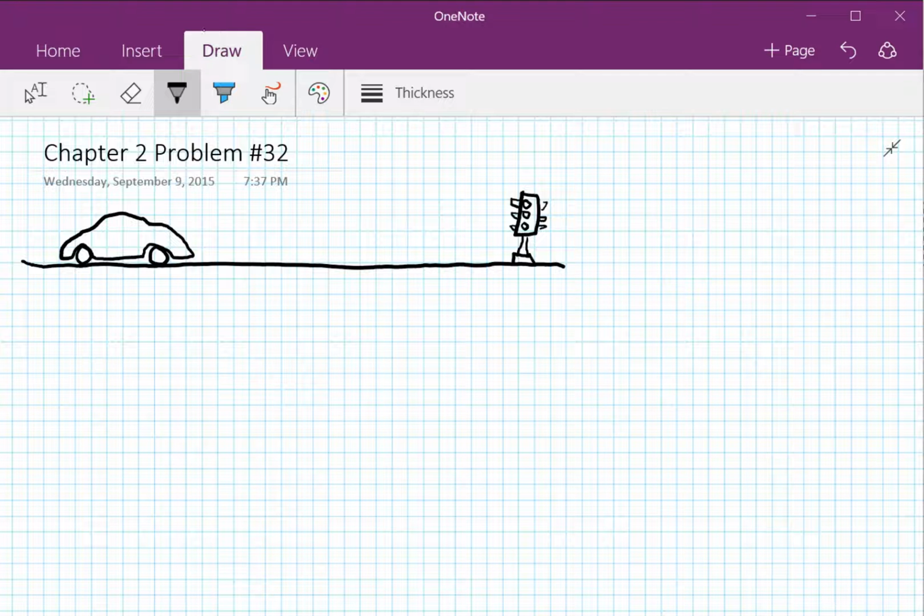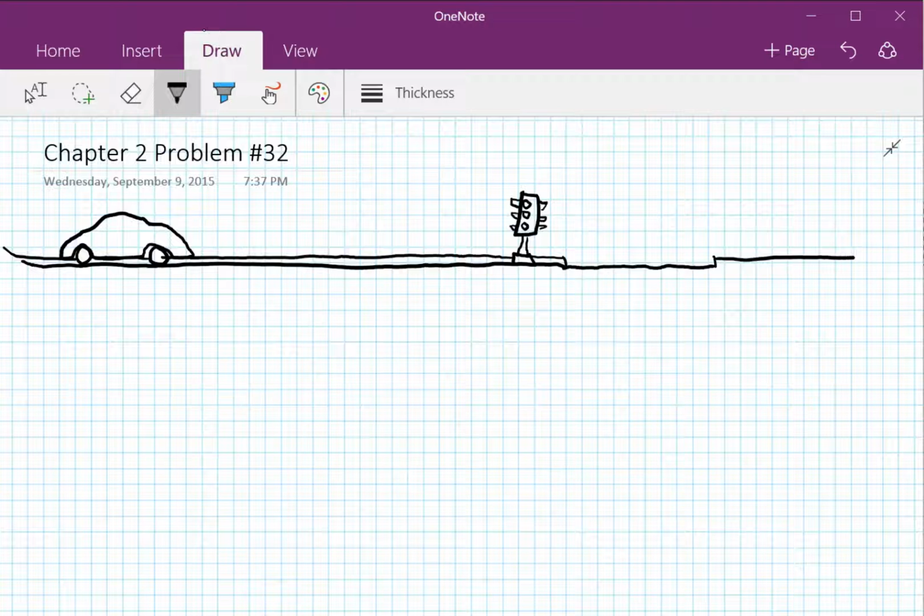Okay, and the problem, so this is a curb. The problem is there is an intersection, as you would expect at a light, and there's traffic in the opposite direction.